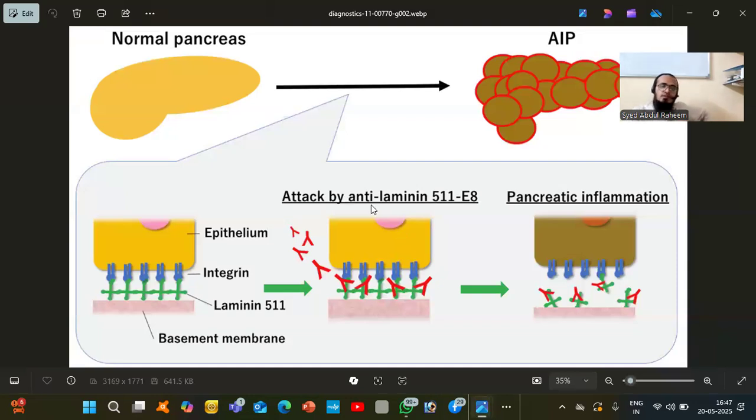So this is the normal pancreas. You can see in autoimmune pancreatitis the body's own system is damaging it. Okay. So this is the condition. What will happen? You can see pancreatitis, inflammation, and all the features are the same as chronic pancreatitis. So this is the third thing you have to remember.